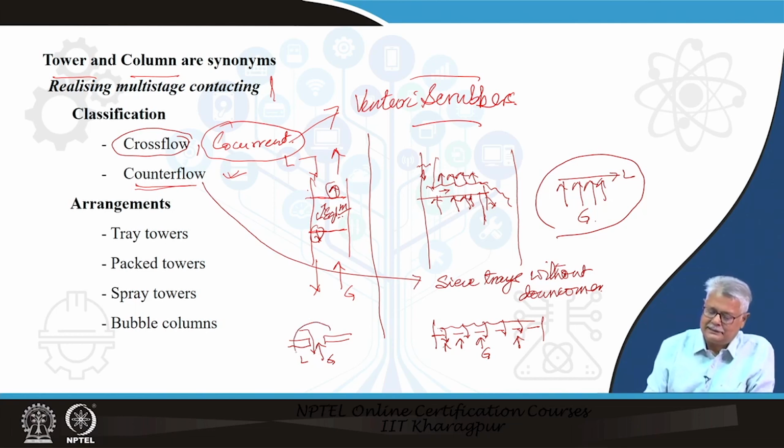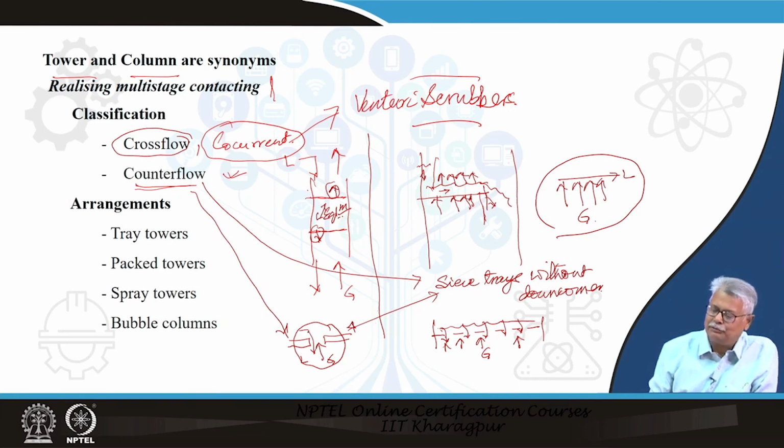This is a situation in which you have basically counter flow. This is your sieve tray, and in such cases, since the liquid falls through the tray itself, you do not require a downcomer. It is too obvious.